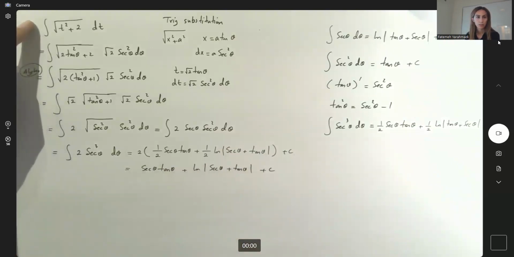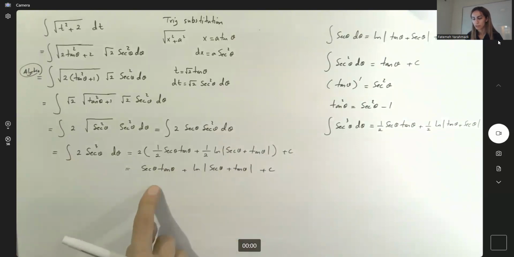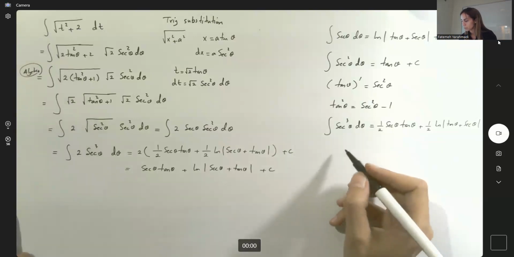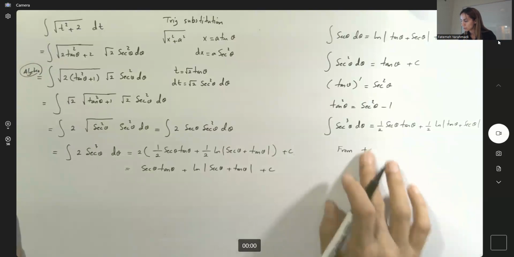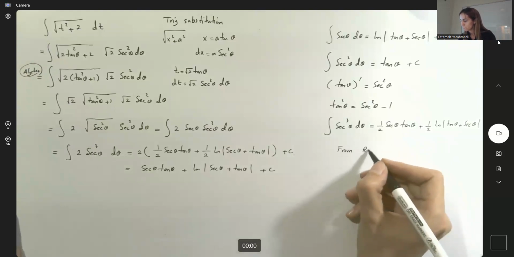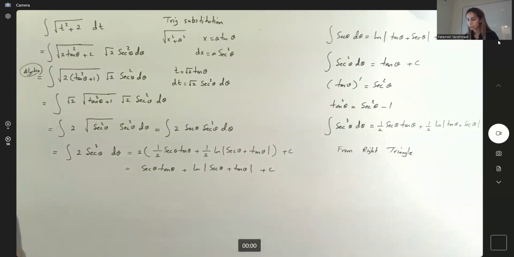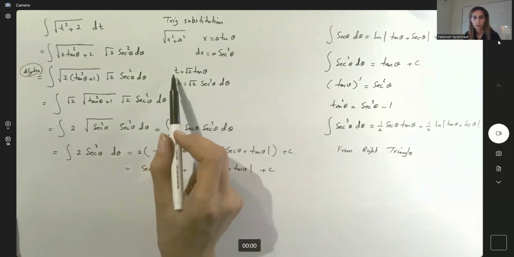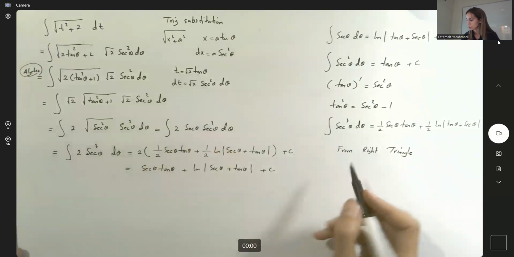If you have the boundaries for t, you can convert them to the boundaries for theta as well. Or you can convert this back, write them in terms of t from trig or right triangle. What did we do? We said that t is equal to square root of 2 times tangent theta.